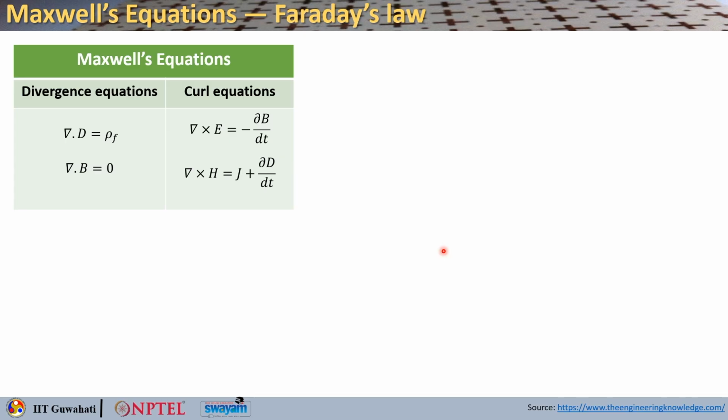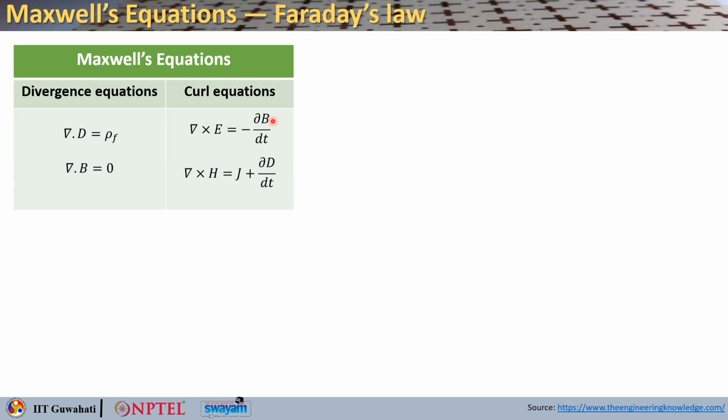So now let us look into the third one, which is called Faraday's law. This is one of the first two equations that connect the electric and the magnetic field. You can see that here E is now dependent on or connected with B as well.